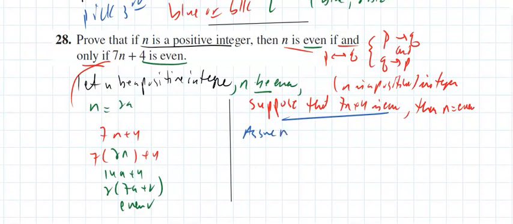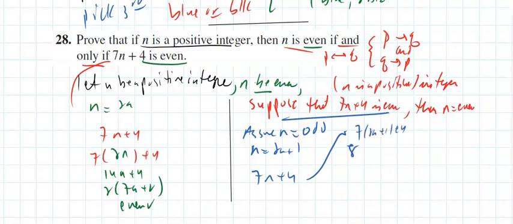that n is odd. Then by definition I could write n as 2a plus 1. And if I take 7n plus 4, which is even, that would be 7 times 2a plus 1. That will be 14a plus 7 plus 4. That will be 14a plus 11, which is 10 plus 1. That will be 2 into 7a plus 5 plus 1, which is odd.